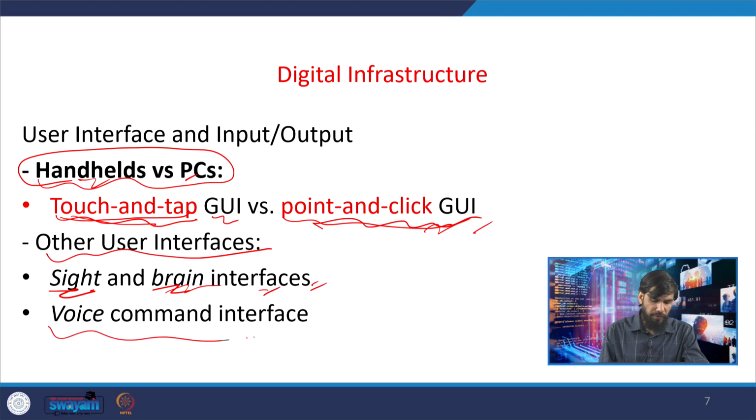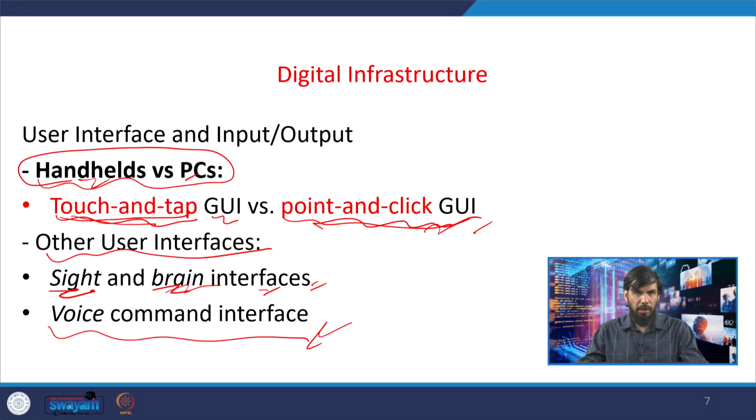Then the voice command interfaces. This is again something where continuous improvement is happening. This could be a future interface where certain voices could be mapped to certain commands, and therefore, more likely even in a general purpose operating system scenario or consumer grade computing devices, we might see active usage of voice commands. Already it is happening via large language models, chatbots, ChatGPT and Gemini and other such AI apps.